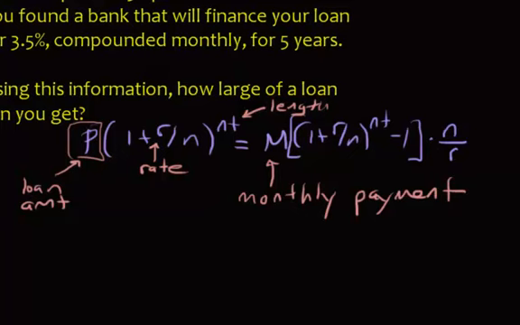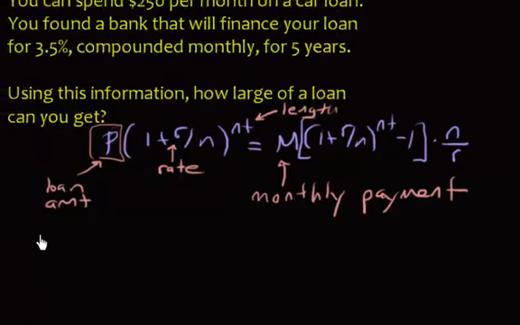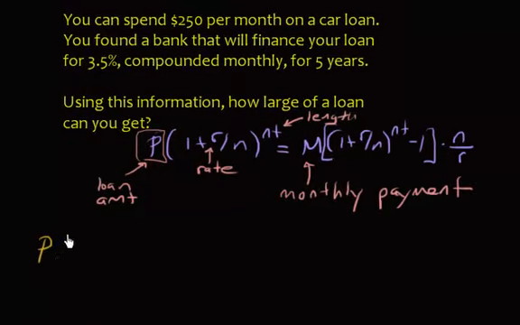All right, so let's write in the information we have. Again, we don't know P, but we know the interest rate, which is 0.035, and it's compounded monthly, 12 times, for 5 years.